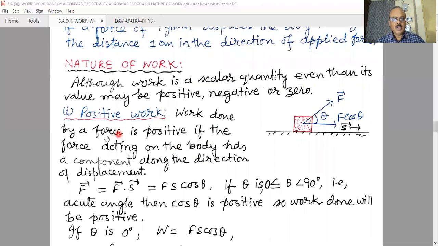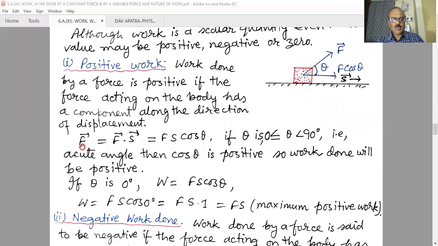First of all, the work done by a force is positive if the force acting on the body has a component along the direction of displacement. That means there must be a component of the force, or the whole force, acting along the direction of the displacement; then the work done by that force is said to be positive.